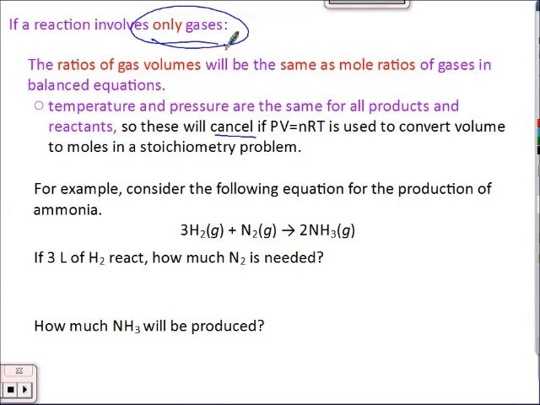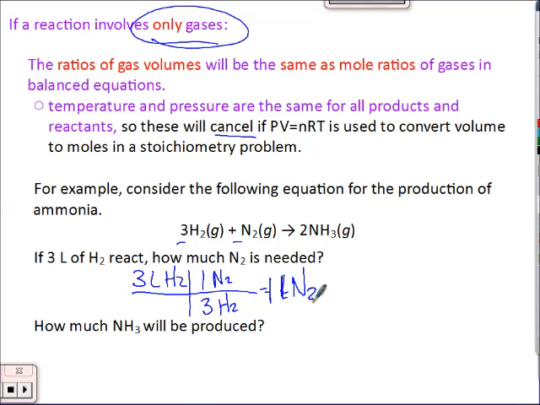But if it's gases, if 3 liters of hydrogen react, how much N2 is needed? I can go straight off of my mole ratio, which is the same as if I had a volume ratio. So there's 1 N2 for every 3 H2. So how much N2 is needed? 1 liter of N2 is needed.